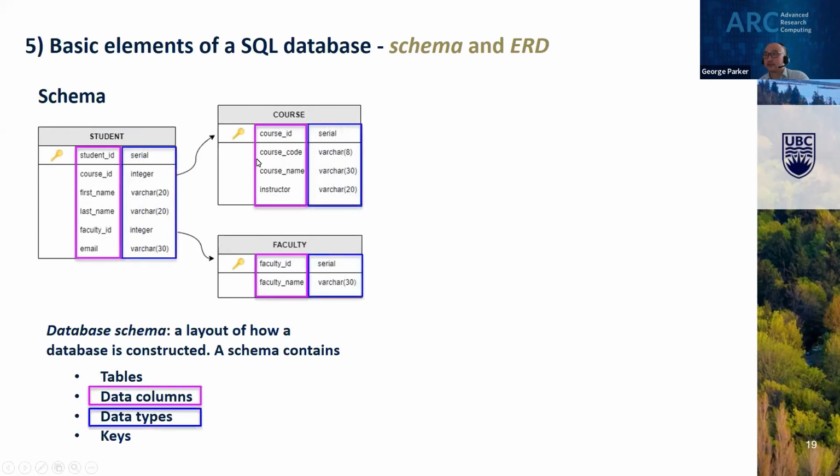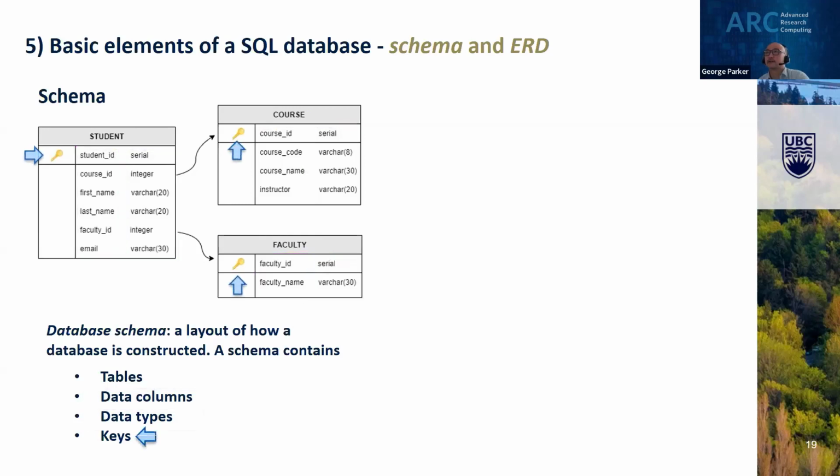It has data types to go with the data fields. It has primary keys that uniquely identify each row within each of the tables. And it has foreign keys that link one table to another. So this is a schema. It's like a diagram.